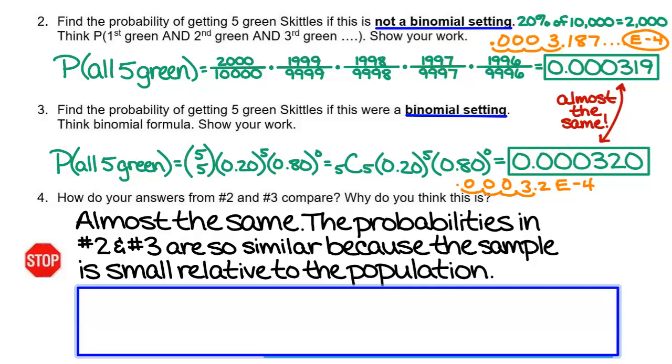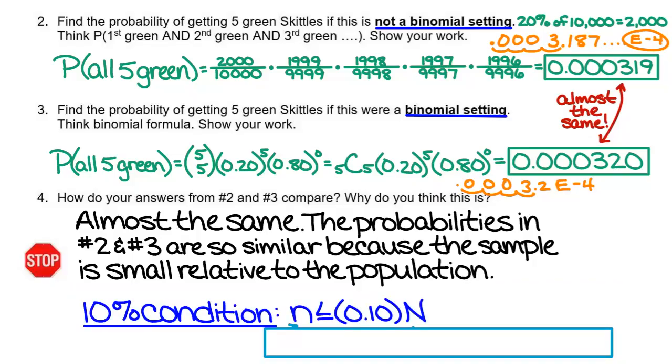This brings us to the introduction of an important concept, because so often in real life situations, we have something more like this happen than having true independence. We call this our 10% condition.